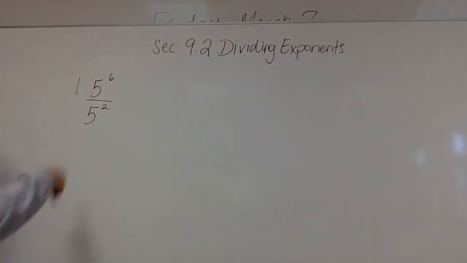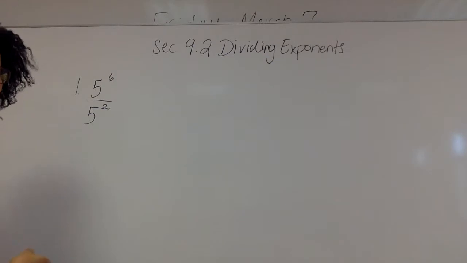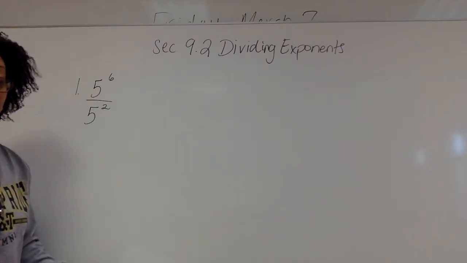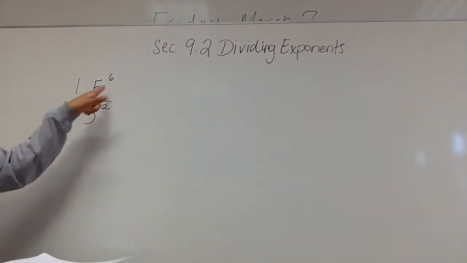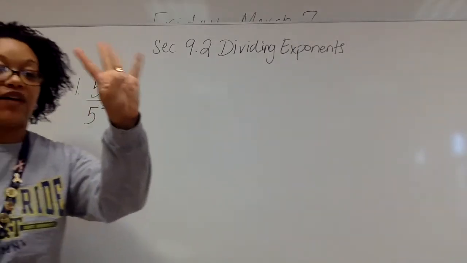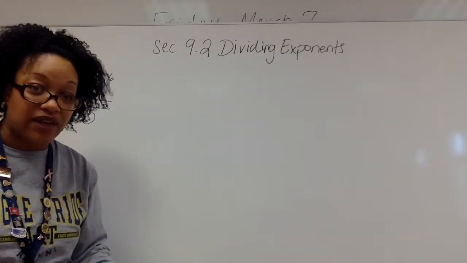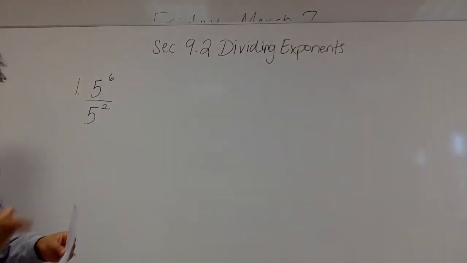I have 5 to the 6th divided by 5 squared. Now, if I don't give you a calculator, you would probably have to figure out what 5 times 5 times 5 times 5 times 5 times 5 divided by 5 squared is.